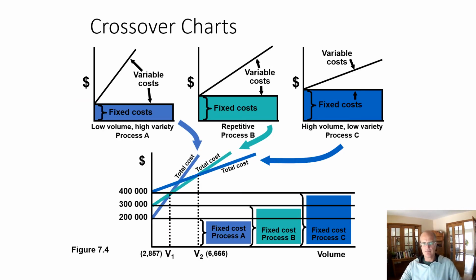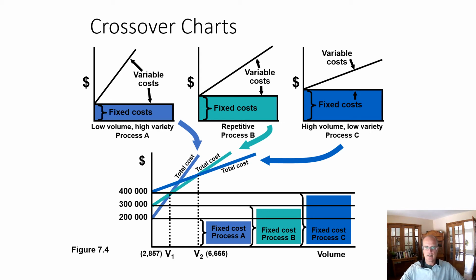So let's talk a little bit, this is something that I will spend a bit more time with in a different video, but we can talk about different kinds of processes or technologies, and we choose them based on the volume. So we talked in the last slide about fixed cost versus variable cost. Well, the first thing I'll say is if fixed costs and variable costs are low, then you have a technology that dominates all others.